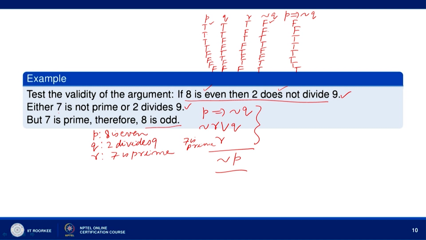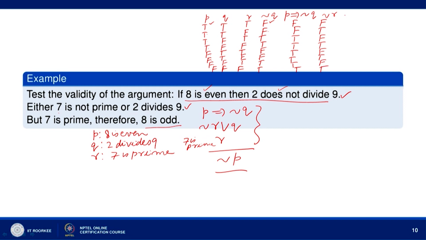Then not R or Q. So, let us write not R. Not R is F, T, F, T, F, T, F, T. Okay.